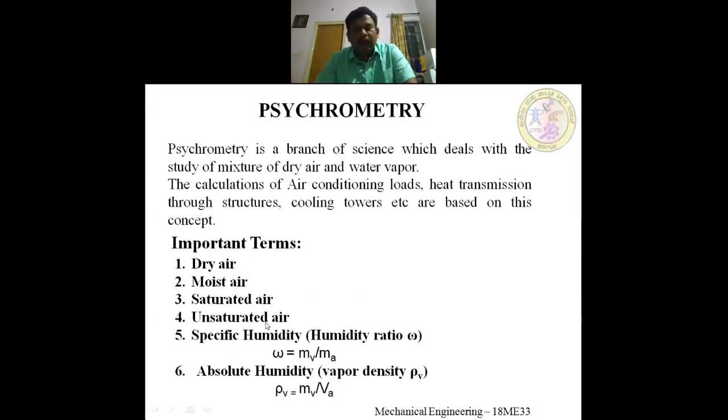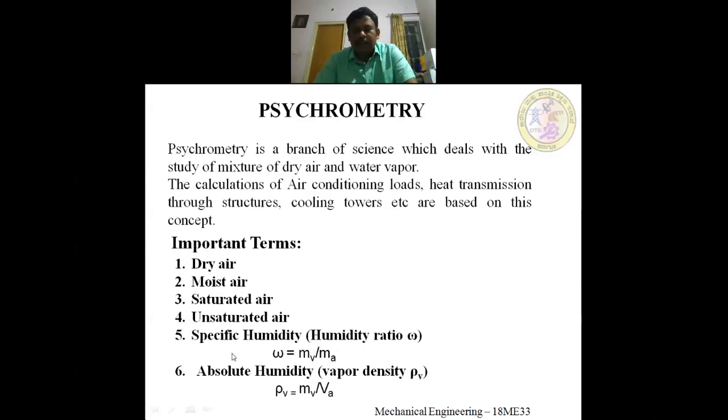Whereas unsaturated air is the air which does not contain the maximum amount of moisture for a given pressure and temperature. Normal atmospheric air is unsaturated air because it does not contain the maximum amount of water vapor.